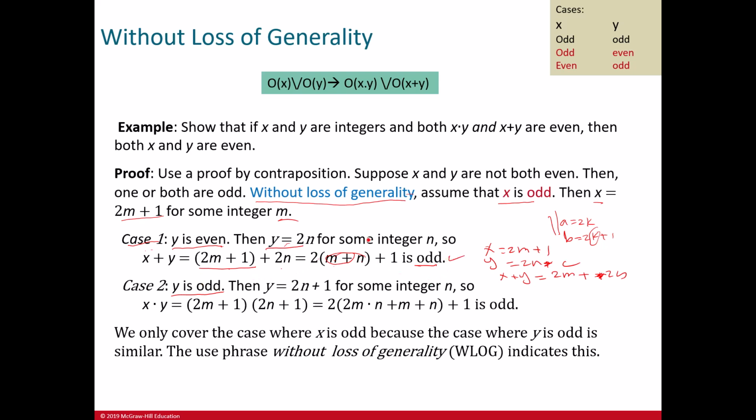Now we assume Y is odd, but as you notice, X is still fixed to be odd. If Y is odd, then it's written as 2n plus 1. Now I could choose the multiplication or the addition.